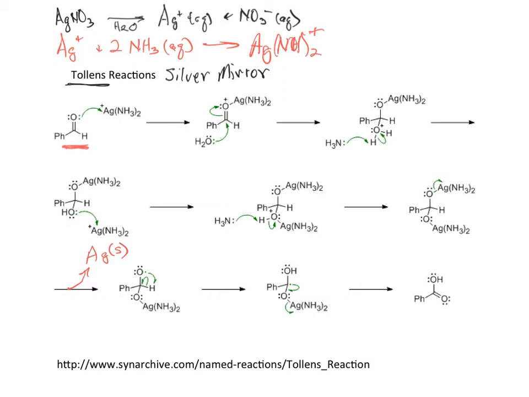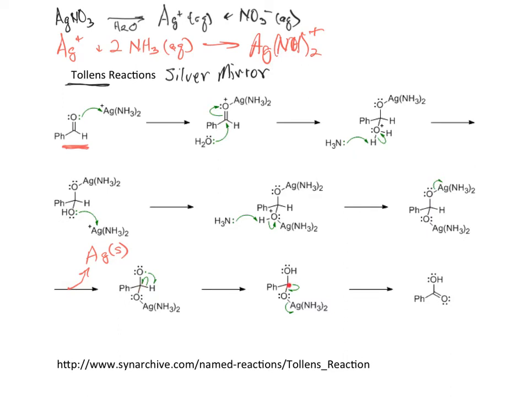This free radical oxygen can take the hydrogen and its one electron to create a new bond, leaving a free radical in this tertiary position.